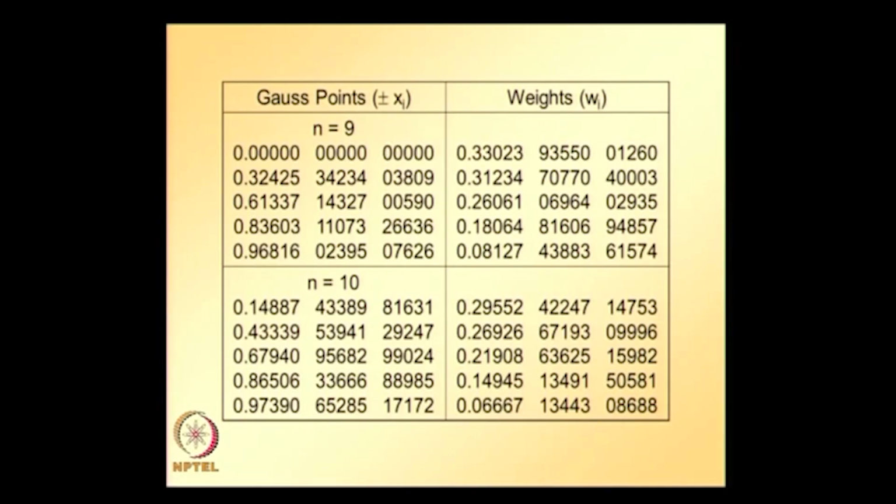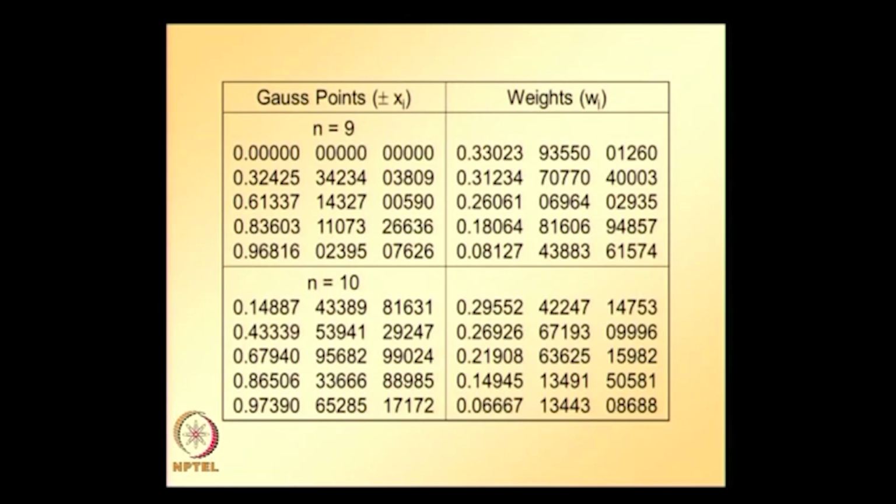So, looking at this table, we can actually find the locations of integration points for 2-dimensional integration or 3-dimensional integration. Here, if you see these tables, there is a gap after a certain number of significant digits.